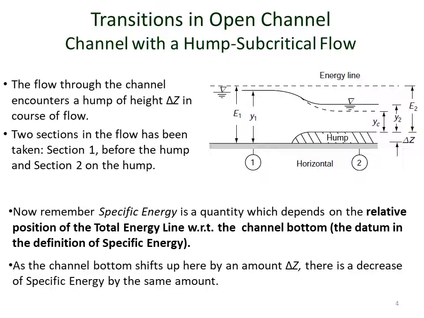Since we assume that the height of the hump is delta Z, the specific energy in this case is going to be reduced by an amount delta Z when the flow happens over the hump.